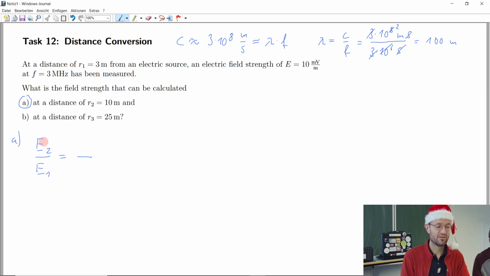If we go away from the source, the field strength should get smaller. So how should the order of R1 and R2 be so that in a greater distance the field strength gets smaller? R1 by R2, exactly. So if this is a small distance, we have the high field strength. If this is a large distance, we get the small field strength. And this formula is valid in the far field. So this would be far field conversion.